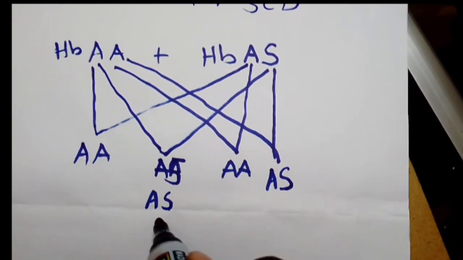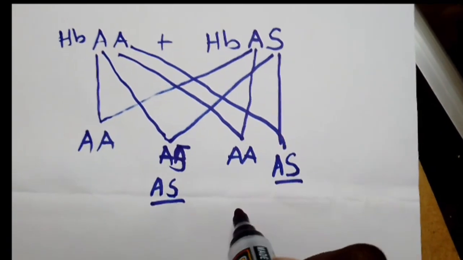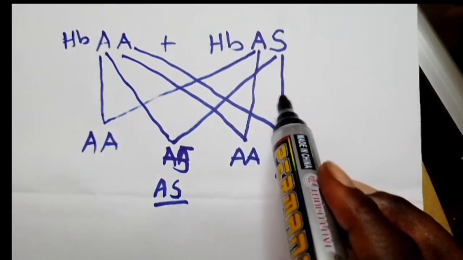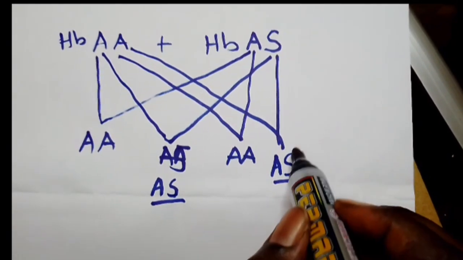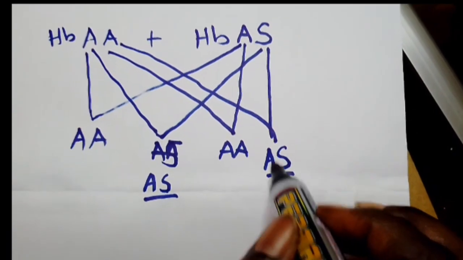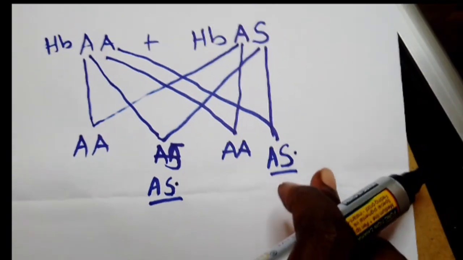Okay, so this is how carriers are formed. This is how a person becomes a carrier. One parent must have had the sickle cell trait. There is no way this would come up if it didn't exist anywhere.